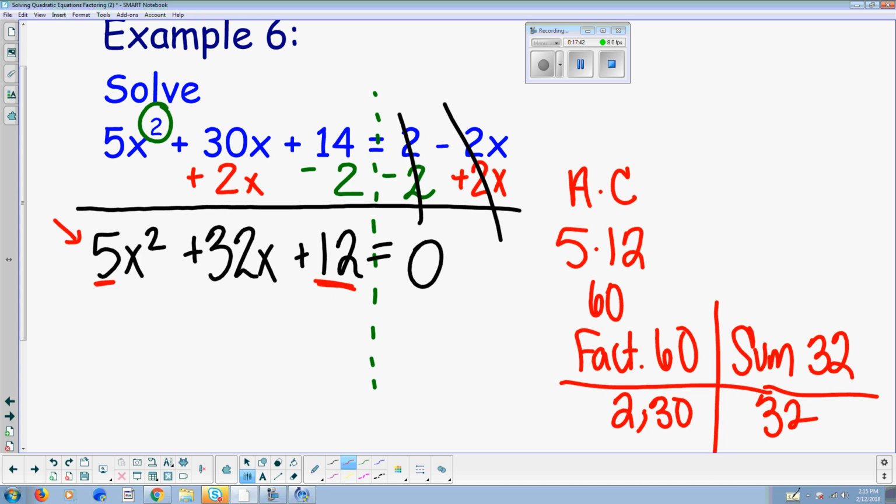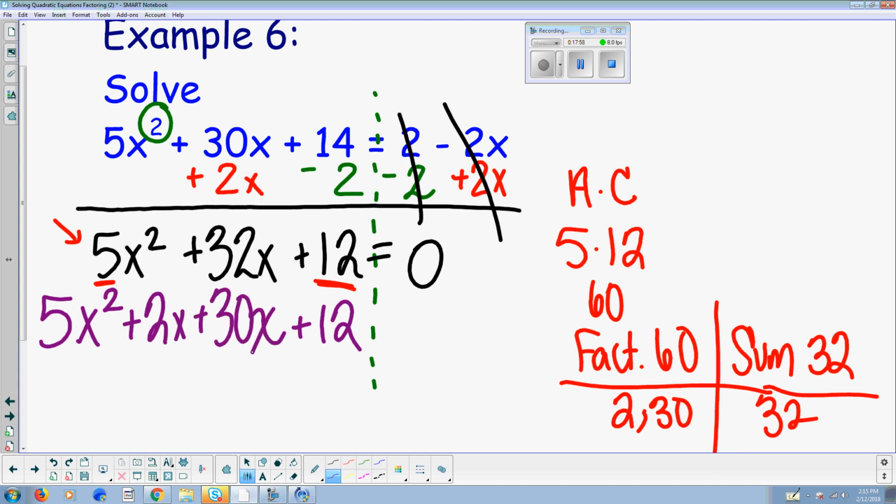I'm going to create a polynomial of 4 terms. So I'm going to keep my 5x squared at the front. I'm going to keep my plus 12 at the end. But those two middle terms are going to be plus 2x and plus 30x because 30x and 2x combine to be this 32 here. So I've written this as a polynomial of 4 terms, still set equal to 0.